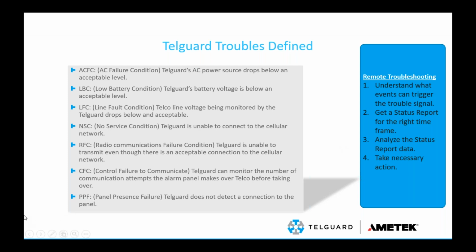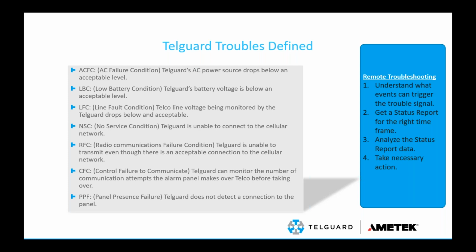Low battery condition, pretty straightforward. This is the Telguard's battery. So sometimes there's confusion as to if this is the panel's battery or the Telguard's battery. We do not monitor the panel's battery. That is done by the panel itself. So if you get a low battery condition on a Telguard, this is going to be the Telguard's battery is low.